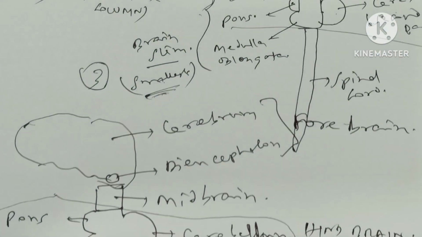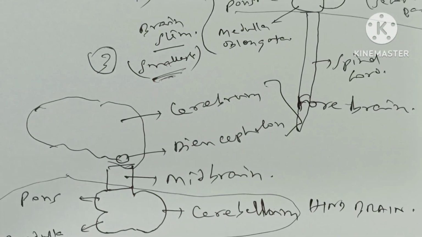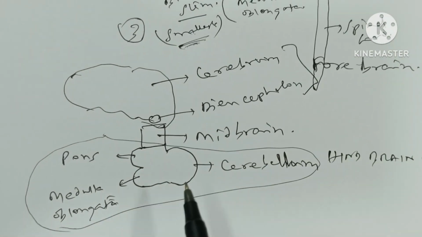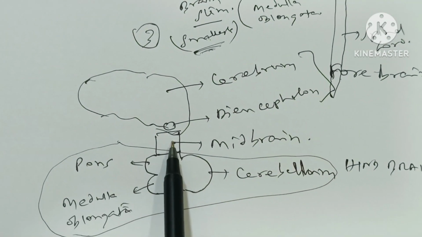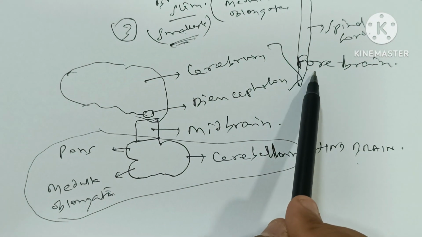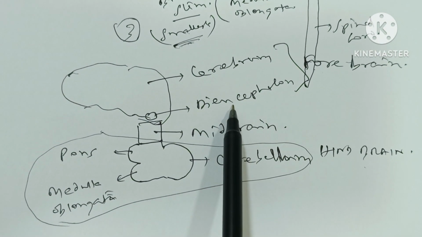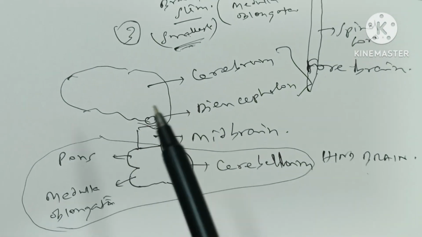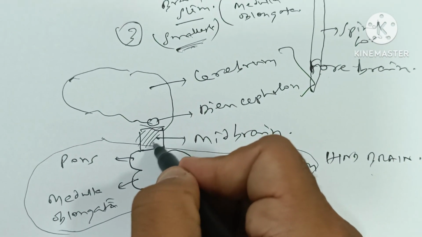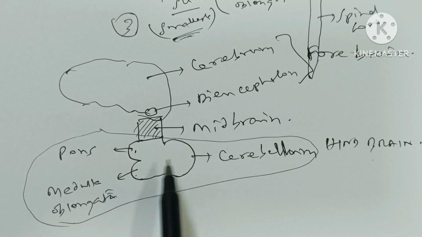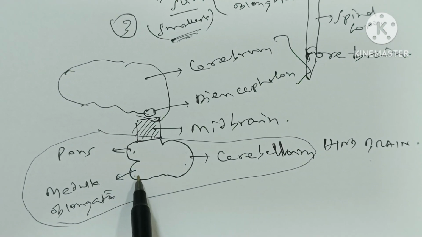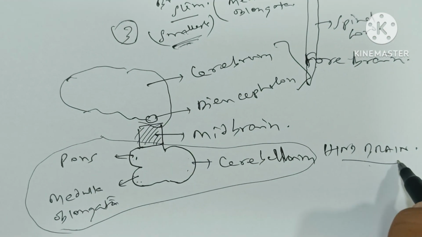So if we see the structure of the brain, it mainly comprises the forebrain, midbrain and hindbrain. The forebrain comprises the cerebrum and diencephalon. Then the midbrain, and then come the pons, medulla oblongata and cerebellum. Pons, cerebellum and medulla oblongata form the hindbrain.